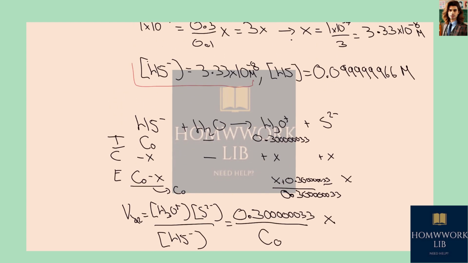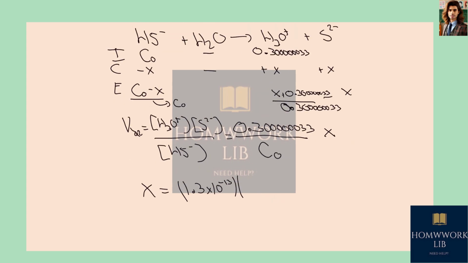What is that concentration? 3.33 times 10 to the minus 8. So we are already in the range of times 10 to the minus 21, divided by 0.3.